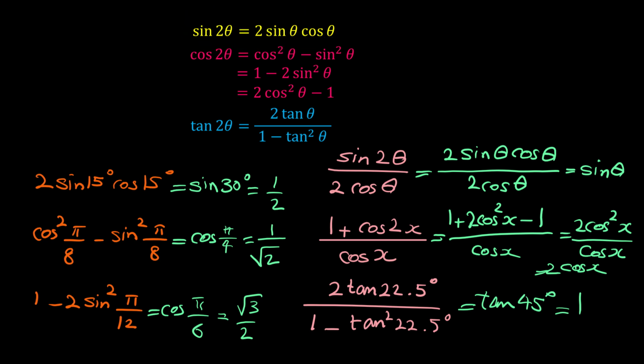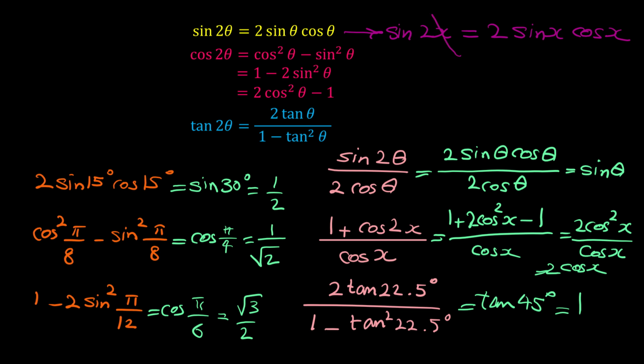So based on this identity, sine of 2x is 2 sine of x cosine of x.